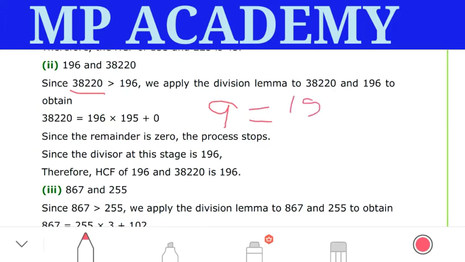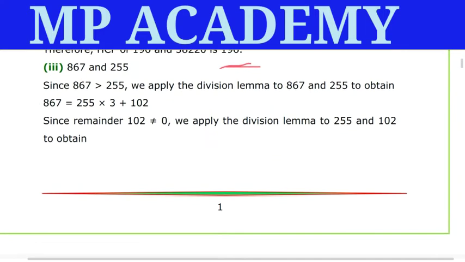Quotient is equal to 195 and remainder is equal to 0. So we can write 38,220 is equal to 196 into 195 plus 0. A equal to BQ plus R. Here A equal to 38,220 and B equal to 196. Since R equal to 0, I stop the process here, and we get the HCF. Divisor is the HCF, so which is the divisor? 196 is the HCF.